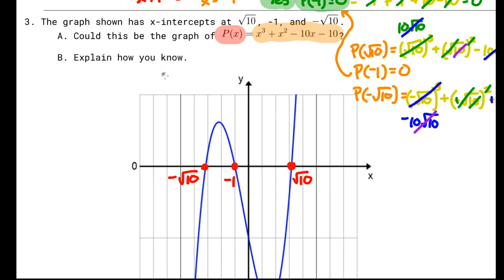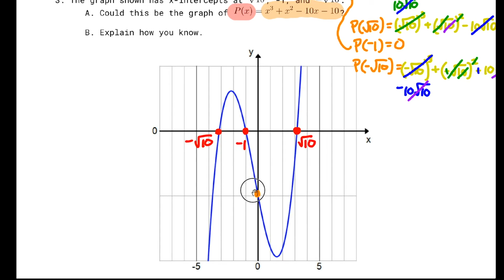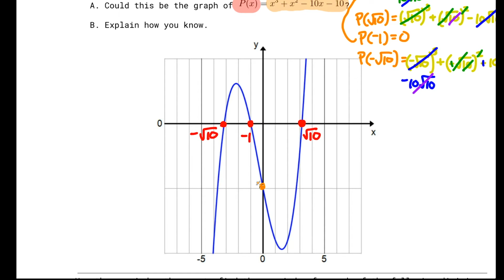The next thing we'd have to test is the y-intercept right here. The y-intercept should be negative. This isn't really drawn to any kind of scale, so I'm not going to worry so much about the value besides that it has to be negative.